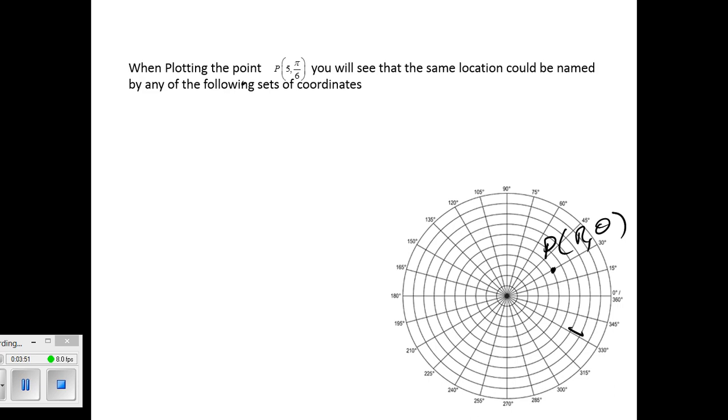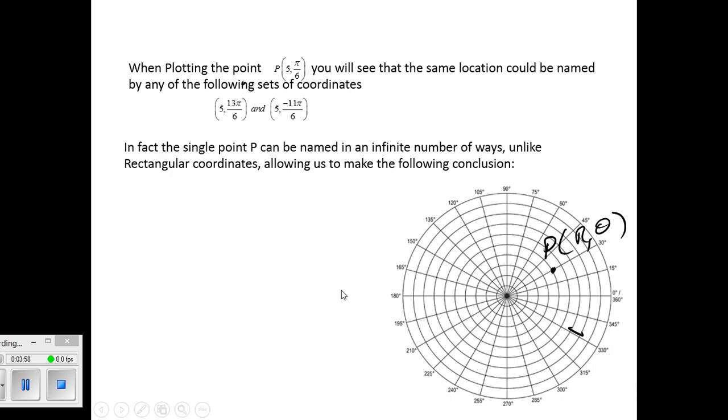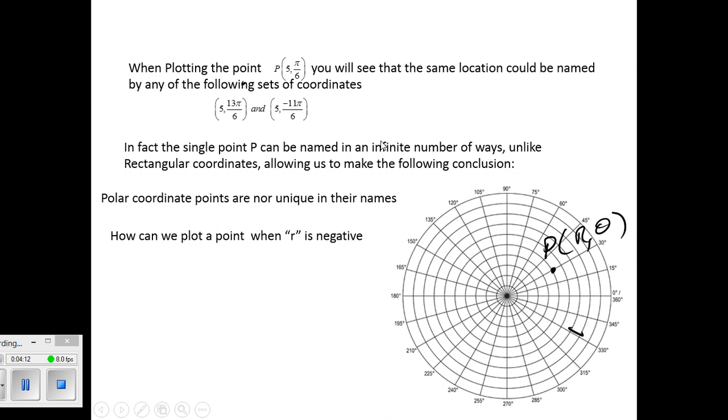However, we're going to see that any point could be named in any number of different ways. Here's our point P, which previously was identified as 6, pi over 6. But that point's name is not unique, because perhaps we got there by going through a different sweep.